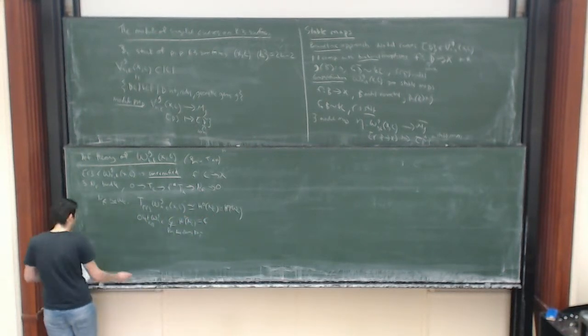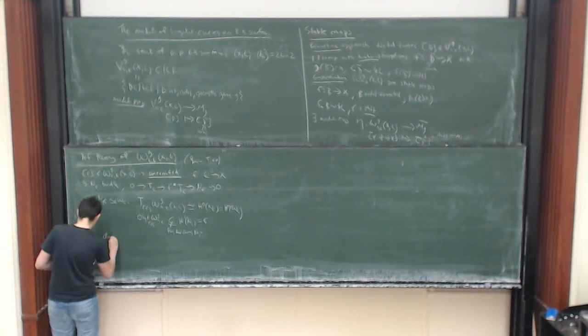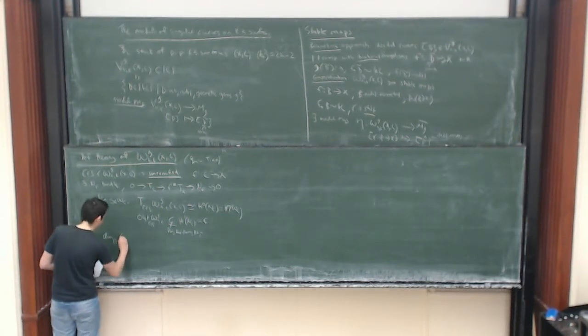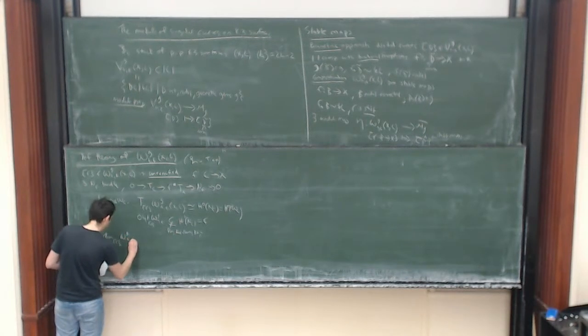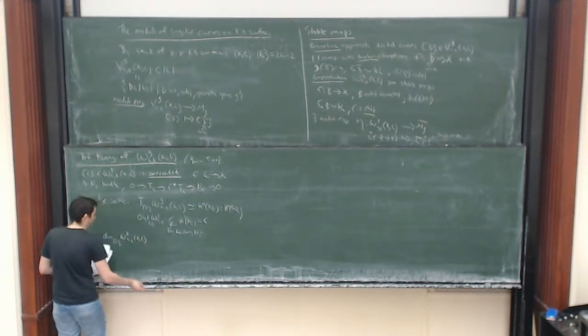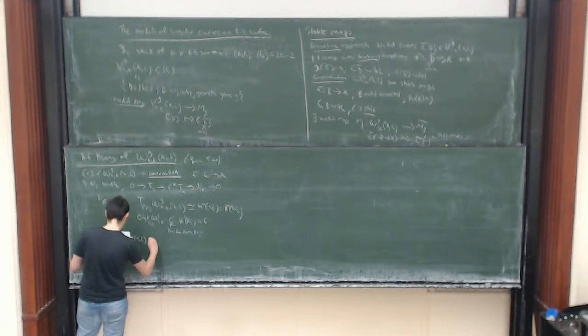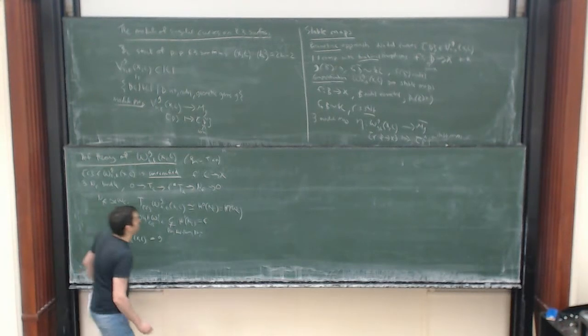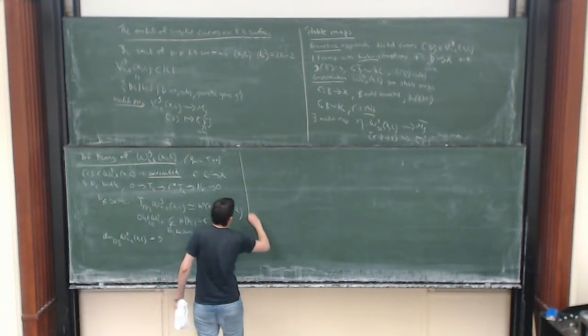So the dimension at f is just G. Okay, so now we want to relativize this.